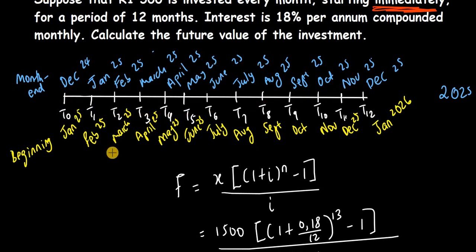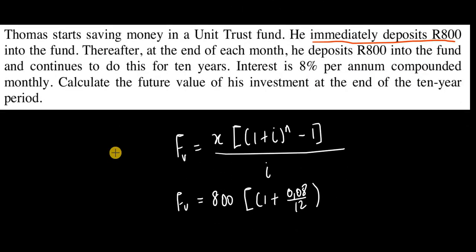So in the first year, you're going to have 13 payments, because they talked about 10 years. In the first year, you're going to have 13 payments because you started immediately.